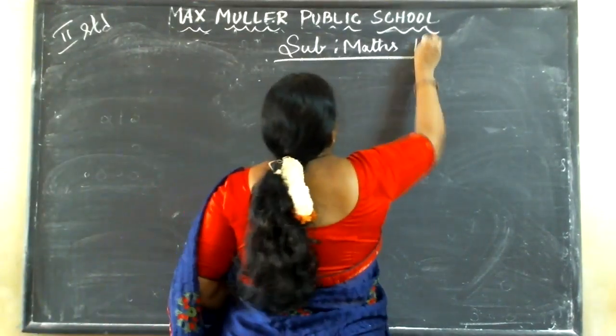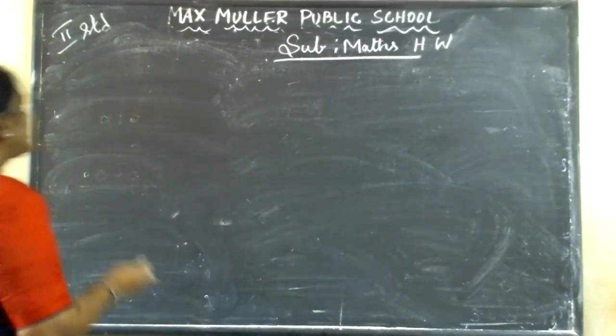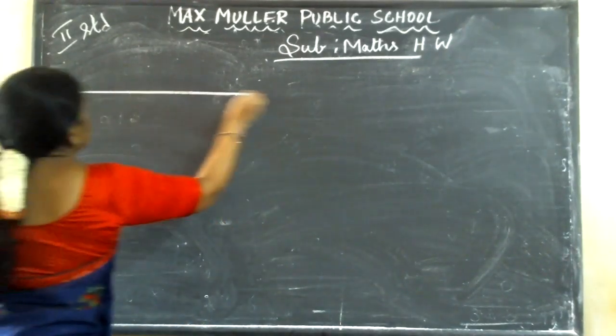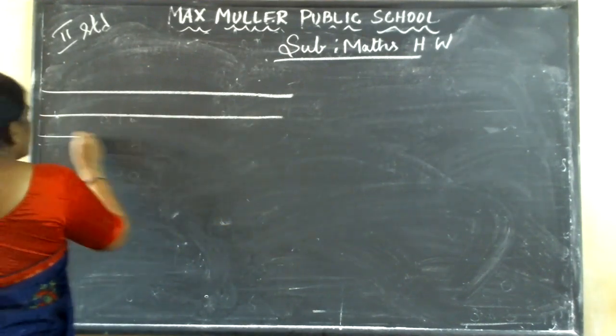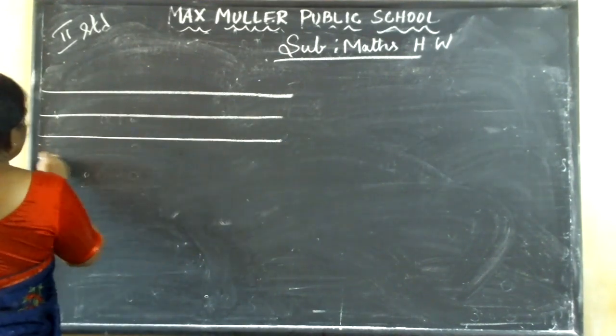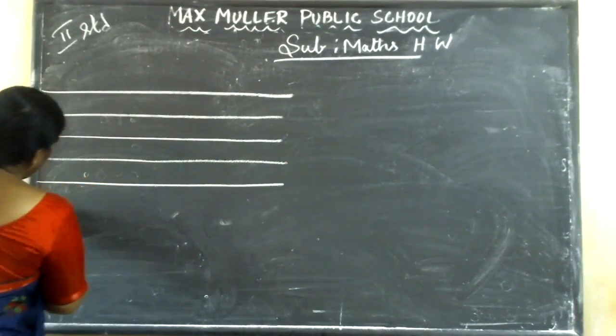Maths homework note, go to fresh page. Last class I gave multiplication of the following, children. For multiplication, you want to go through the tables. Learn by heart the tables daily, children, then only you can do the sums properly.